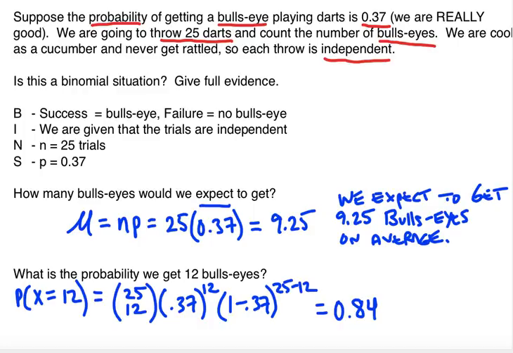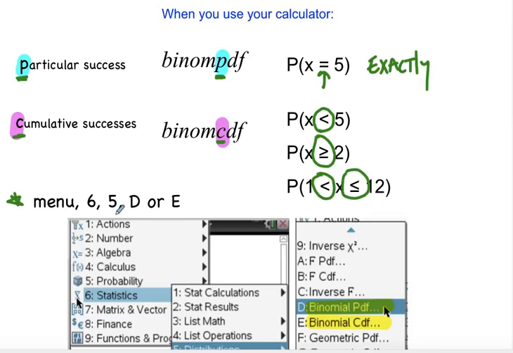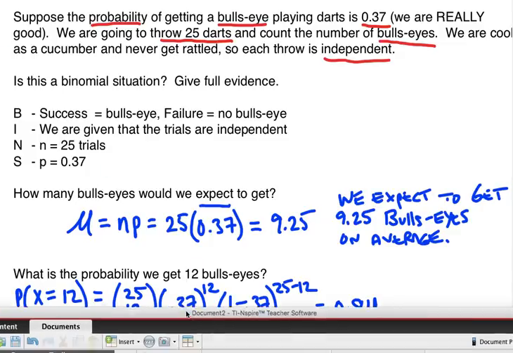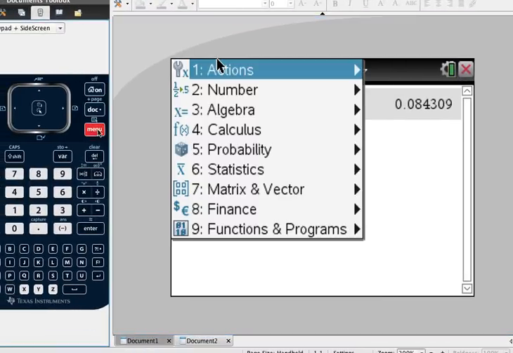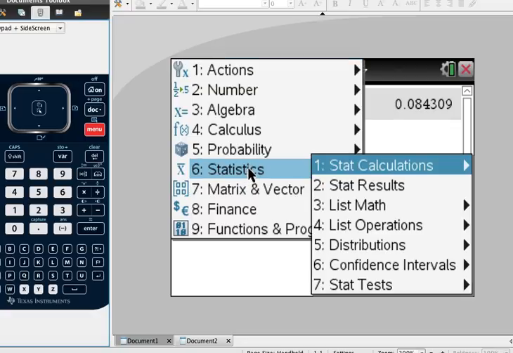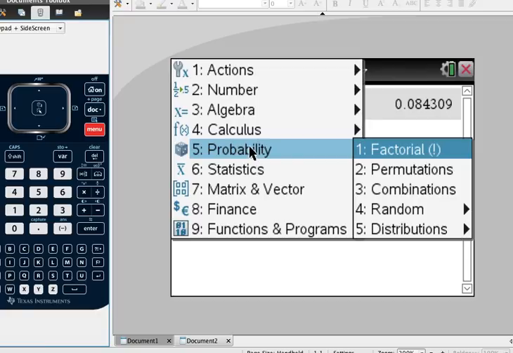As I was using my calculator, I noticed something. Here it says menu 6.5. For some reason, didn't I do menu 5.5? Let me look again. Oh, I guess I can get there either way, huh?